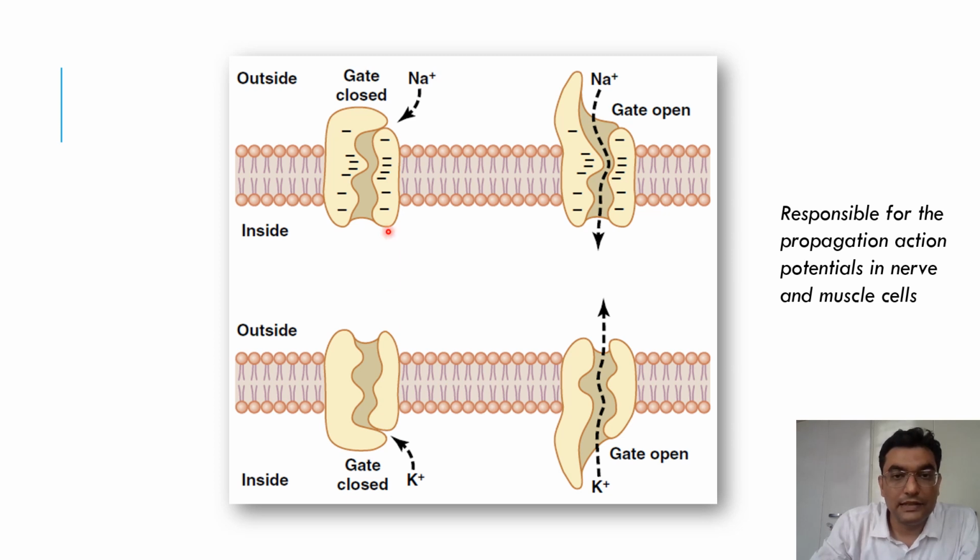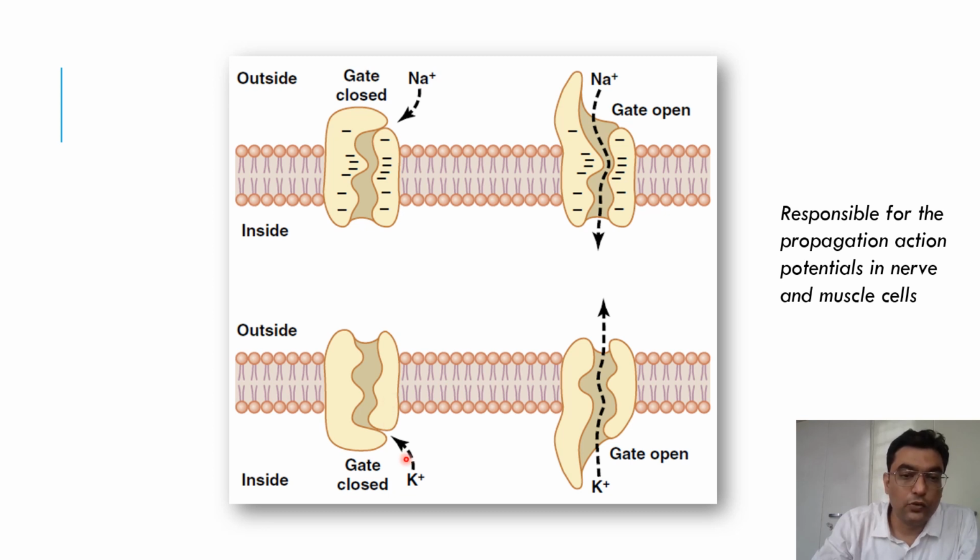For example, these are voltage gated sodium channels. When there is membrane depolarization, these gates will open, and sodium will move from outside to inside, because the sodium ion concentration is higher on this side. You can also see the potassium channels here.